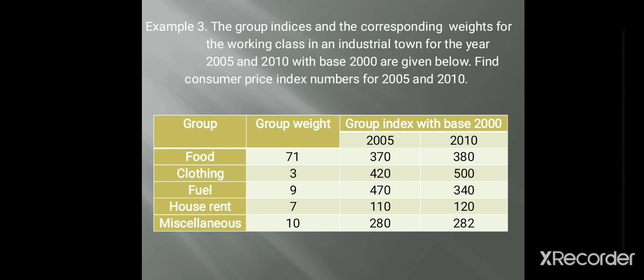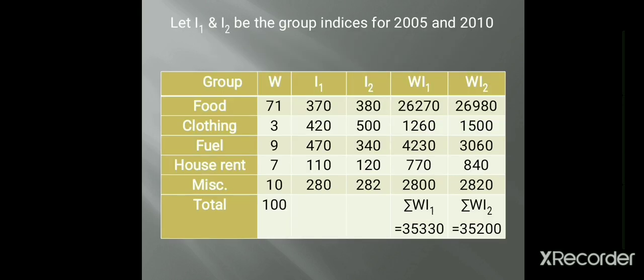We have to treat them as current years. That's why we differentiate these two current years by mentioning 2005 group index as I1 and 2010 group index as I2. And here is the data with corresponding notations.